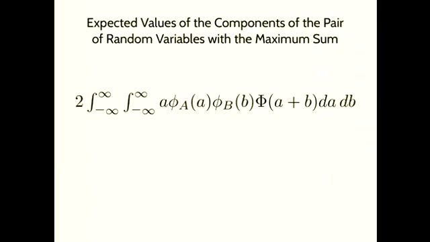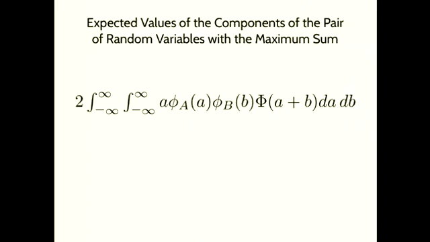This product is the probability of getting a particular pair of values for the first AB pair, right? This is the probability that the sum of the other pair is less than the sum of the first pair.